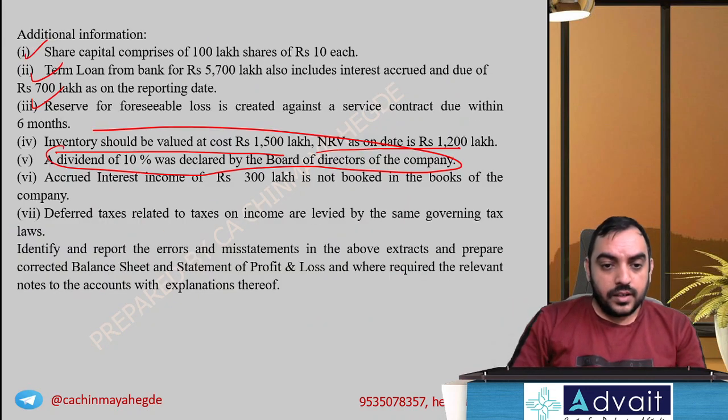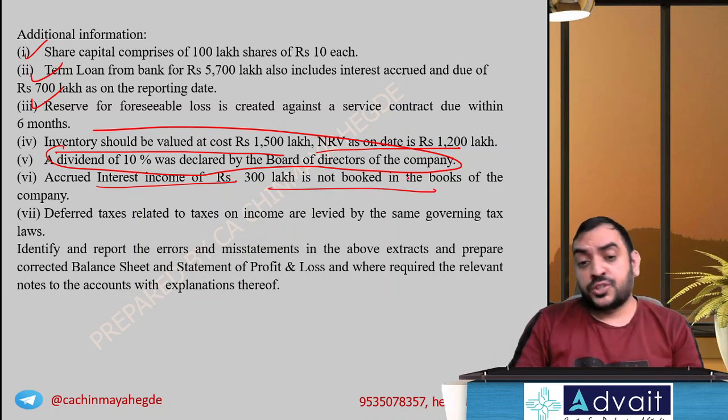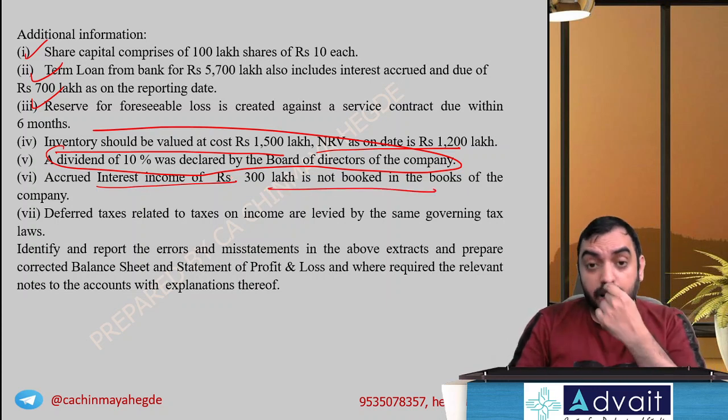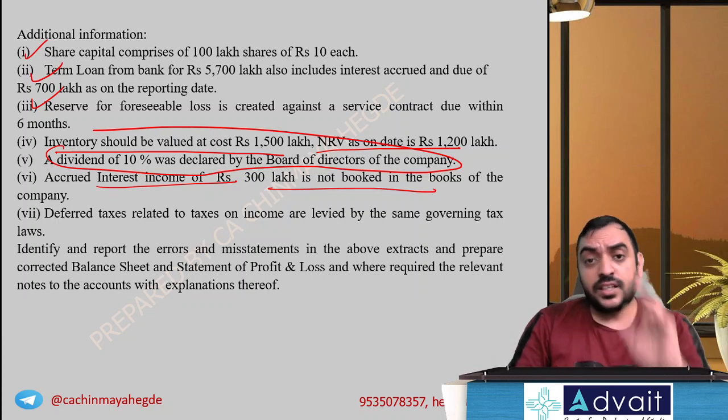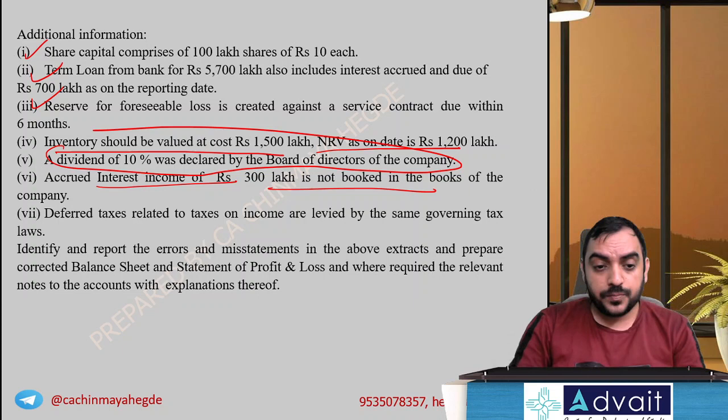Okay. Accrued interest income of 300 is not booked in the books of account. So we need to record it. Accrued income comes under other income, and in the balance sheet comes under current assets, other current assets.